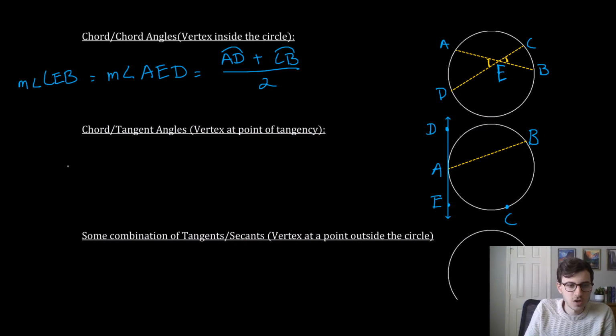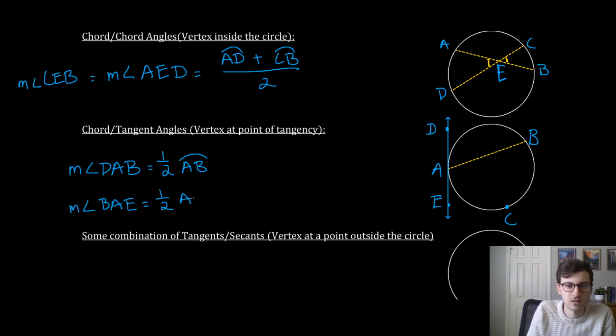Now the measure of angle DAB is equal to half the length of arc AB. In the same way, the measure of angle BAE is equal to half the length of arc ACB.